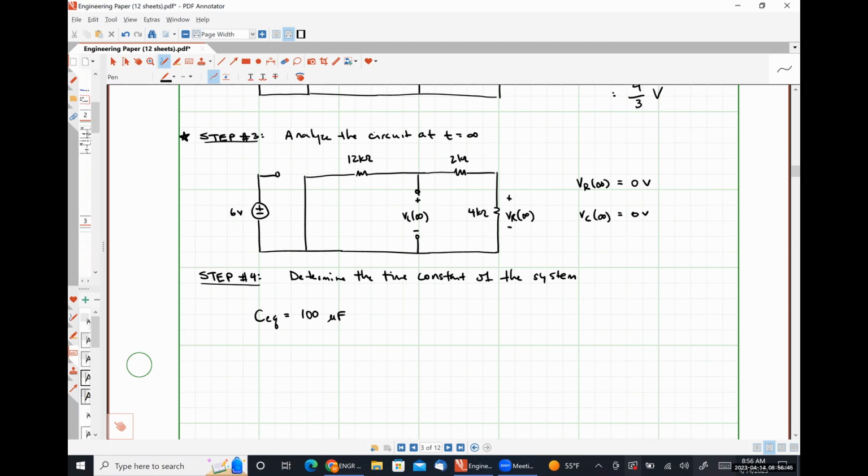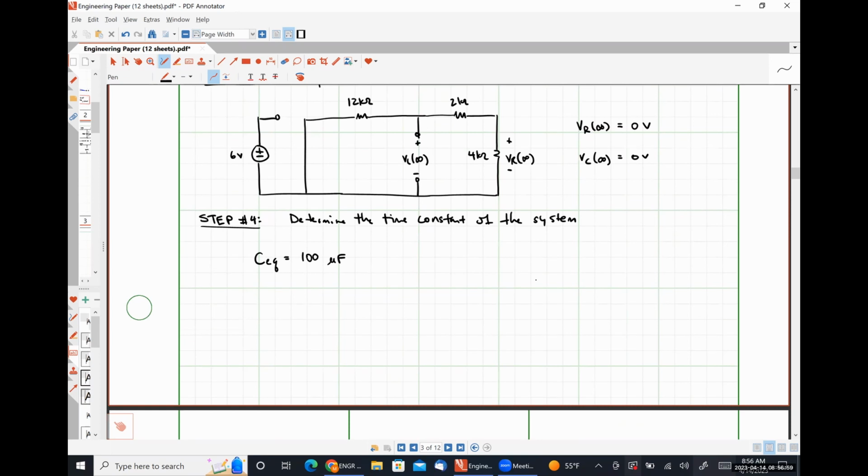Okay. Now, to determine our Thevenin equivalent resistance, we need to use the rules of finding Thevenin resistance, which means we need to be looking at a dead network. So our 6-volt source is turned off. We are trying to determine tau during the transient condition.